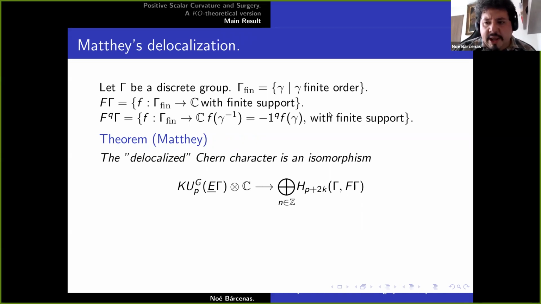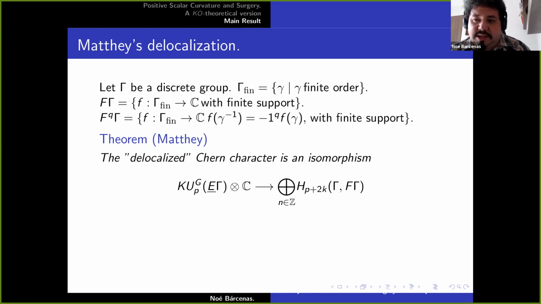What is this for? This is a generalization of so-called real conjugacy classes, which play a role, for instance, in real representation K theory. If you put Q equals 1, this is the definition of a class function defined on real conjugacy classes.